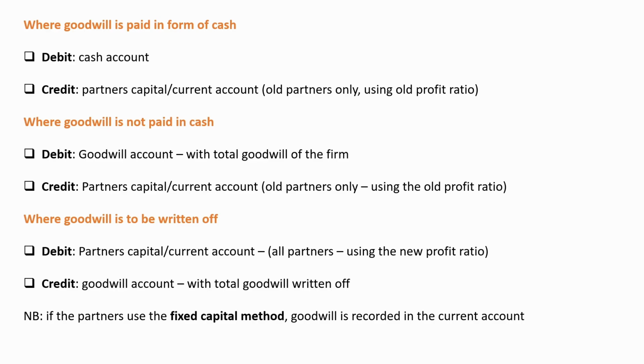In most cases, in an exam case, if you are given both the capital account and the current account, we normally record goodwill in the current account. We only use the capital account to record the fixed capital. If you are not given a current account, maybe the question does not show a current account, you can record goodwill in the capital account.